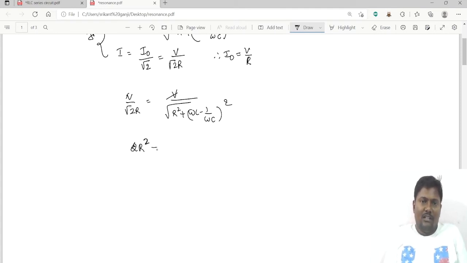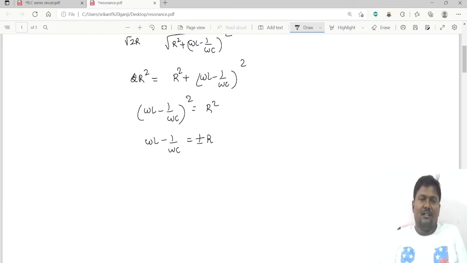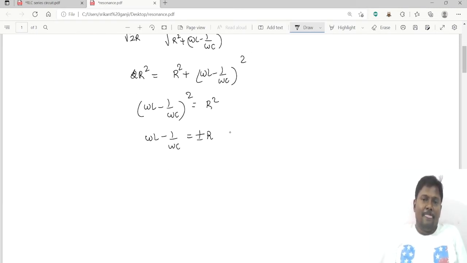2R square is equal to R square plus omega L minus 1 by omega C whole square. Omega L minus 1 by omega C whole square is equal to R square. Omega L minus 1 by omega C is equal to plus R or minus R. Now tell me, at what frequencies it will be positive, at lower frequency or higher frequency?